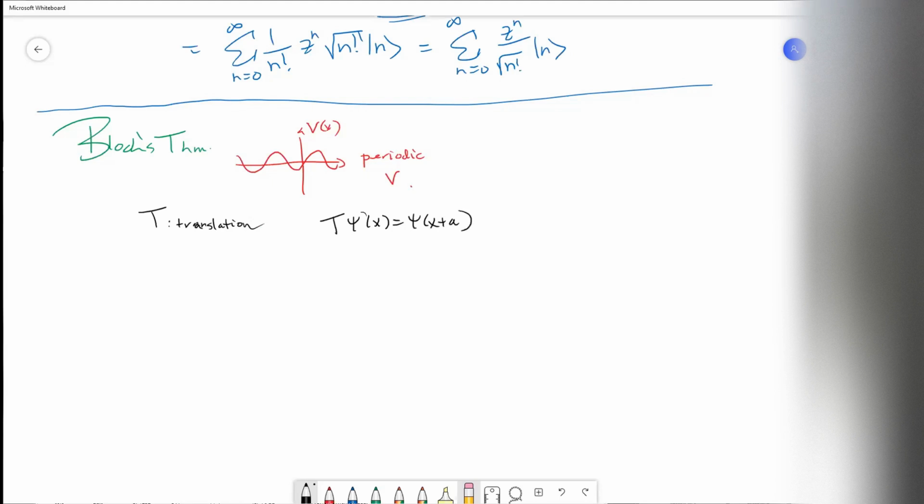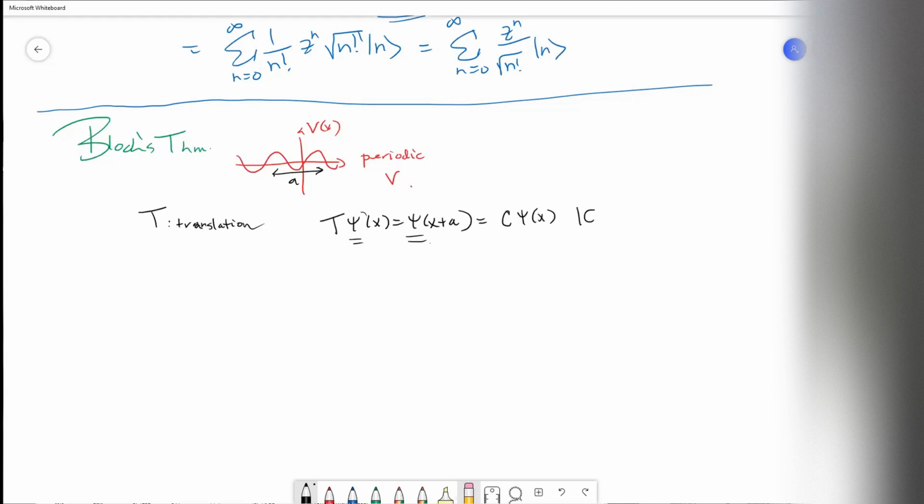Right, and we know that if this is a symmetry, if we can translate, we'll just assume that the period of the potential is a. Then we know that if this is an eigenstate, say, if this is a bound state, an eigenstate of the Hamiltonian associated with this potential, then the only thing that can happen to the wave function if we translate it is it picks up some phase. That's a possibility, because we know that wave functions are only defined up to an overall phase.